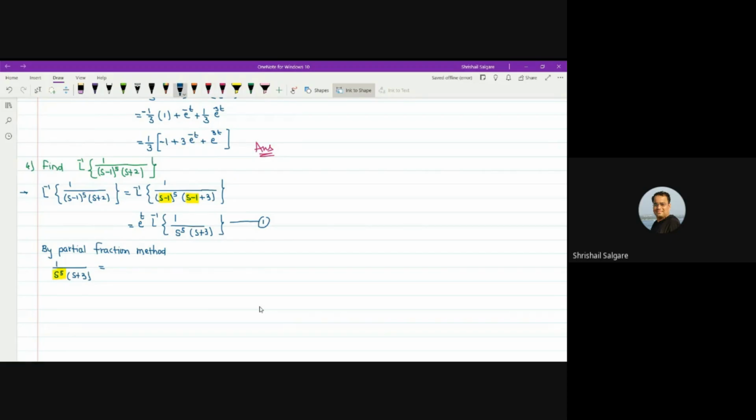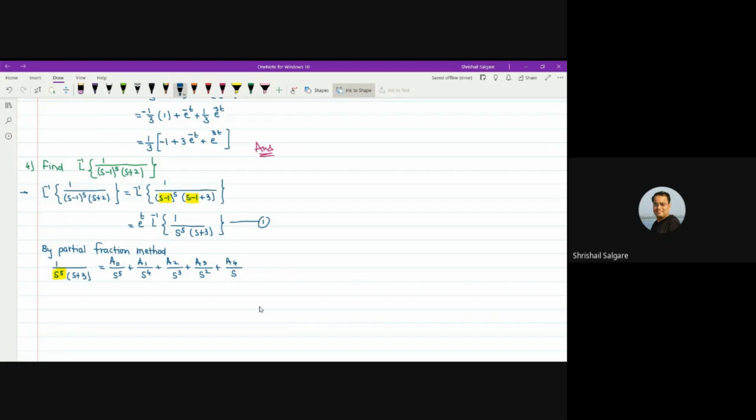So how to represent? It is a naught divided by s raised to 5 plus a1 divided by s raised to 4 plus a2 divided by s cube plus a3 divided by s square plus a4 divided by s.